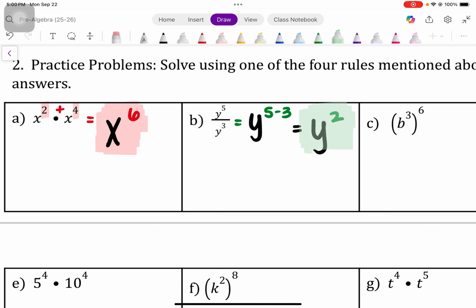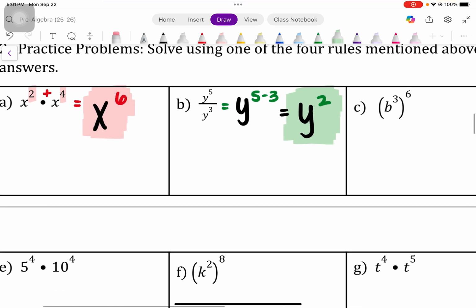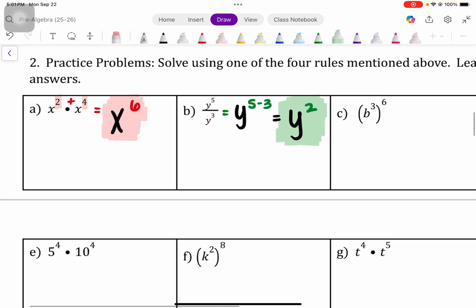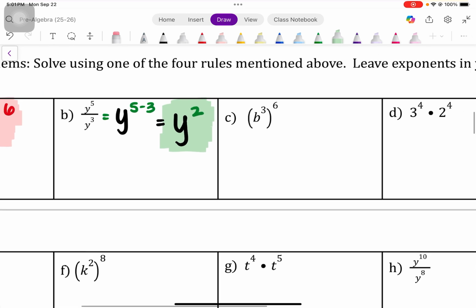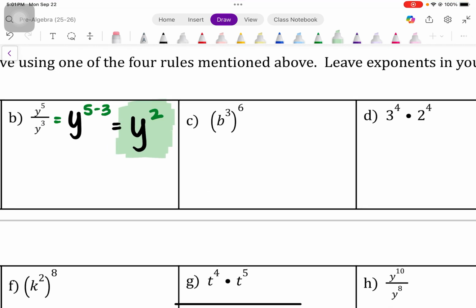Okay, and when in doubt, you can expand this out to see. But we're using our 4 rules from up above. Okay? When we have c, we have power of a power. So we're going to take our exponents and we're going to multiply them. So we have 3 times 6, which is equal to, keep the base, multiply the exponents, so b to the 18th, because 3 times 6 is 18.